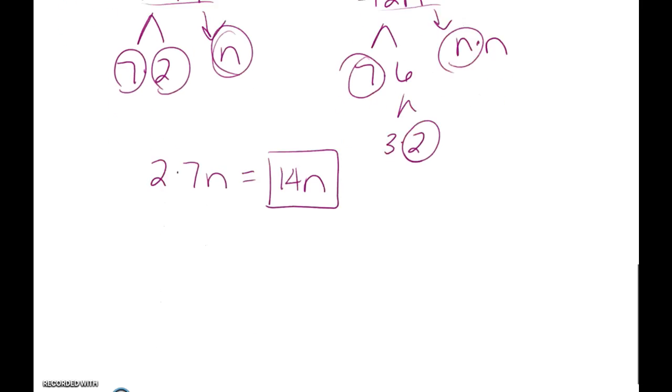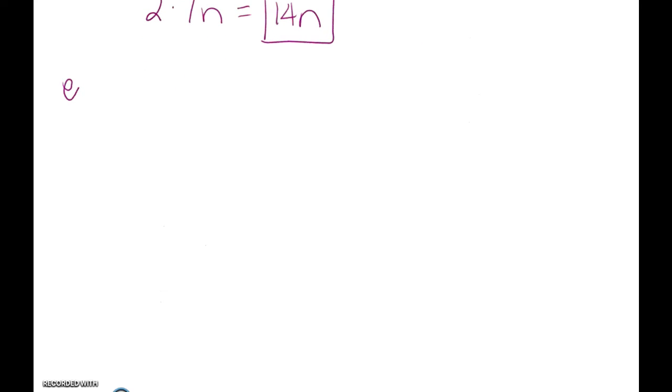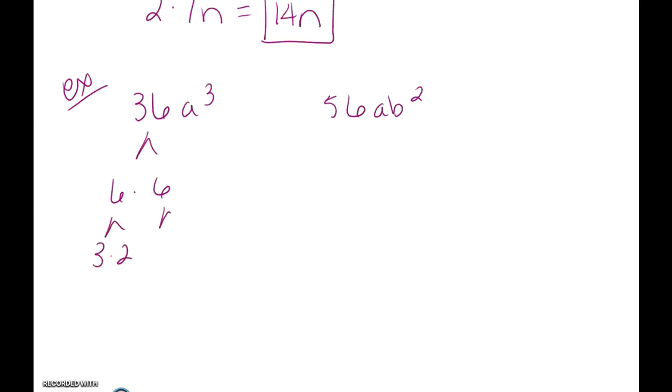Okay, I'm going to do one more example here with letters just to make sure you guys feel comfortable. I'm going to have 36a cubed and also 56ab squared. Okay, 36 breaks down to 6 and 6, and then 3 and 2, 3 and 2.